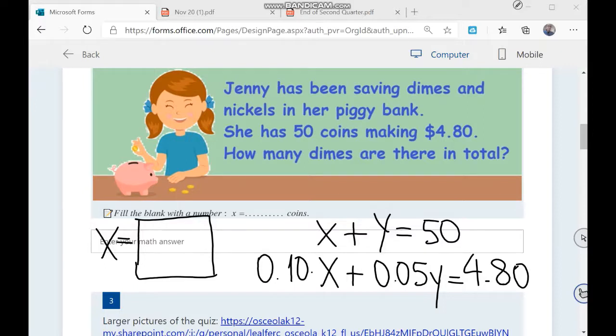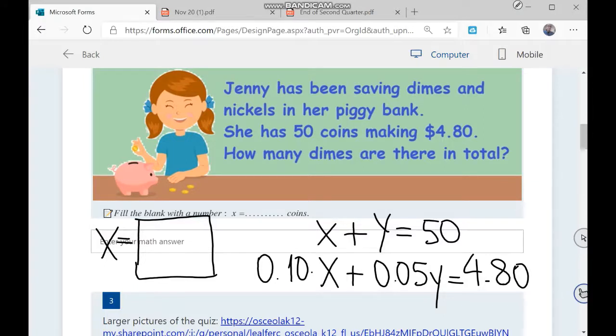Basically you have the equations, you have the system, you can use the graphing, you can use substitution method, addition method, and find the value of x here, which is going to be the answer for the bell work. Okay, if you know the answer for the bell work, you can share, and I will just make sure you have the right answer for the bell work.